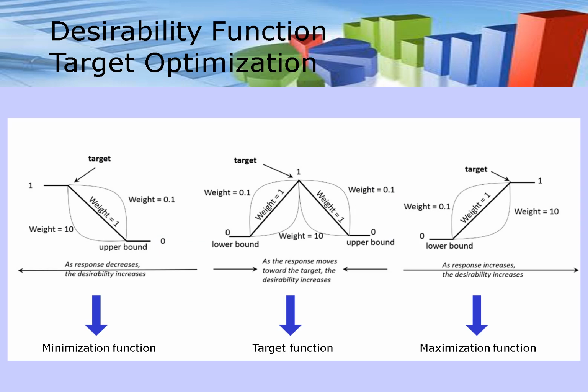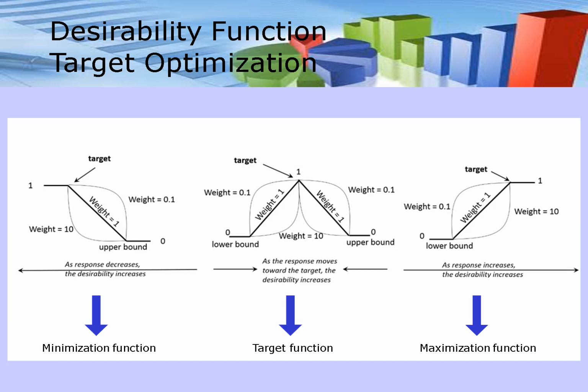Optimization of a response may be achieved using desirability functions. Desirability functions convert the response value into a value between 0 and 1, 0 being the undesired response and 1 the most desired response.